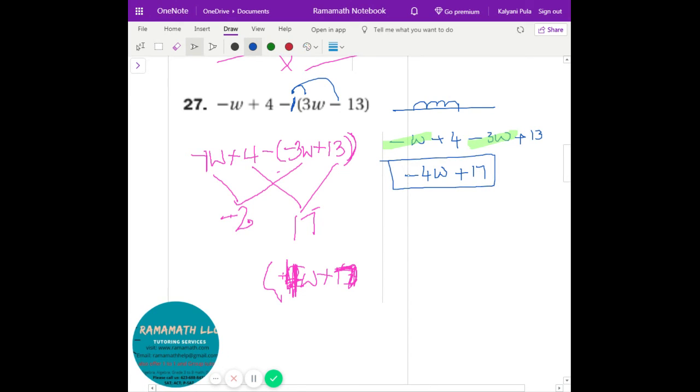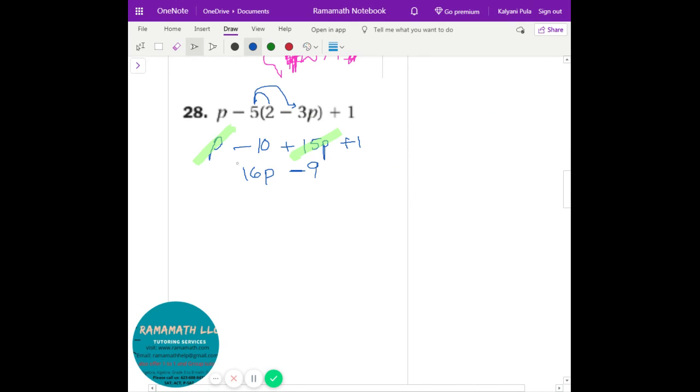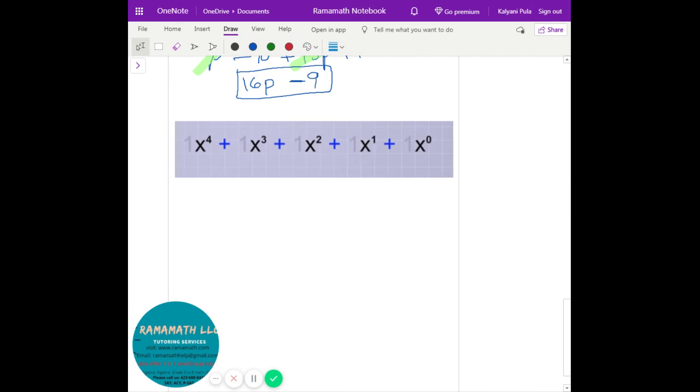You see that? So that's what you have to be careful with. The math only gets one sign, which is -4. So it has to be looked at carefully. Always be careful with combining like terms.